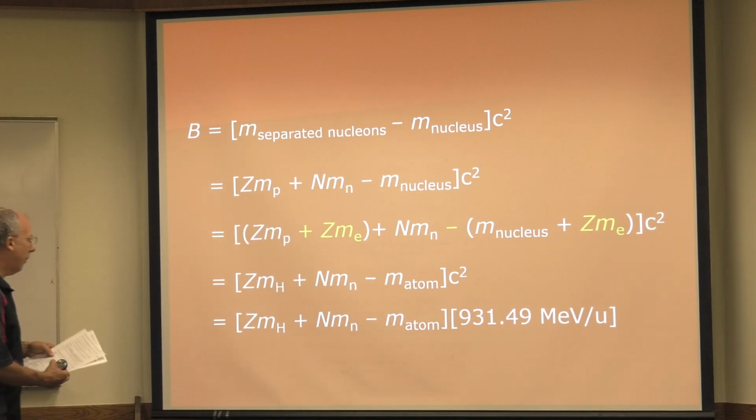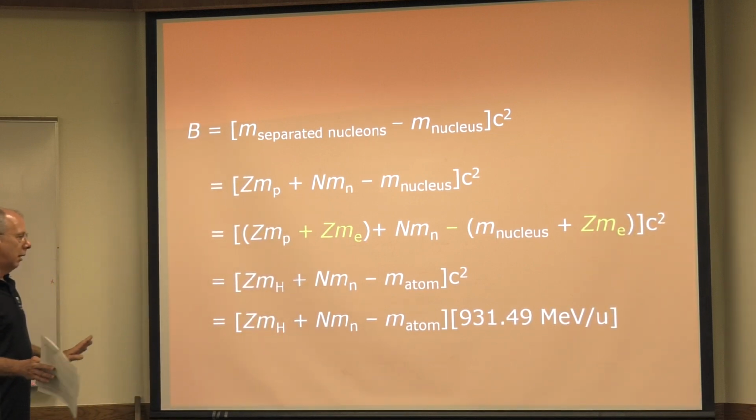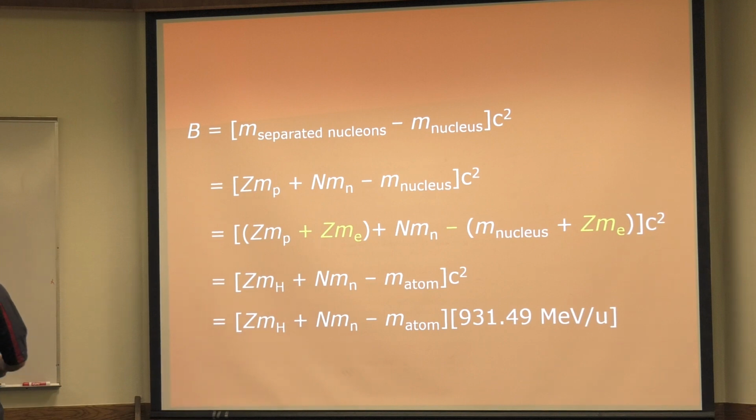Now, again, we want to be smart about this. We don't want to goof around with joules and all that. We learned earlier that 1 u equals 931.49 MeV per c squared. That means multiply and divide, so c squared equals 931.49 MeV per u.